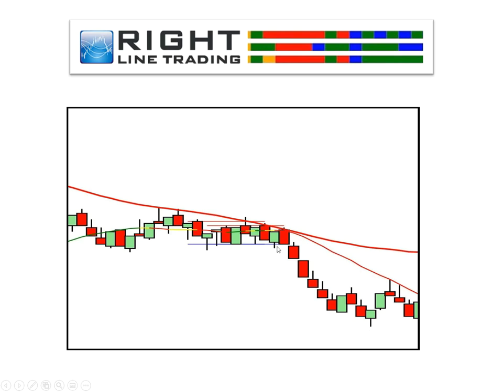Now, the reason why trades out of consolidation are so powerful, and the longer the market is in consolidation, the better, is because within this channel, what you capture are tons of sellers in one direction and tons of buyers in the other direction. So you have a lot of buyers and a lot of sellers holding onto their shares or lots or contracts, hoping that the market is going to move in the direction they predict.